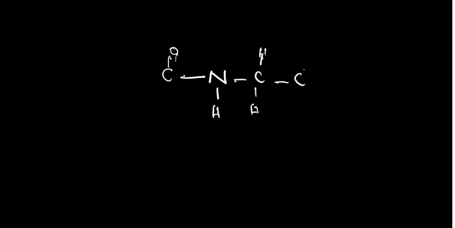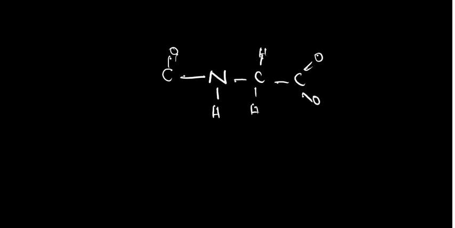Alright, so let me now show the actual peptide bond that is going to be formed. Okay, so this is the bond that is going to be formed as a result of the condensation reaction.